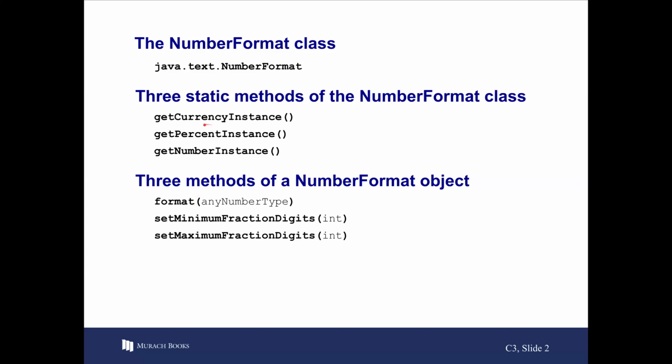Once we create a currency formatter, we can call the format method on that currency format object, and we can give it a numeric value, and we'll get back a string value that's formatted as currency. The way it formats currency is based on what's called the locale of your computer.